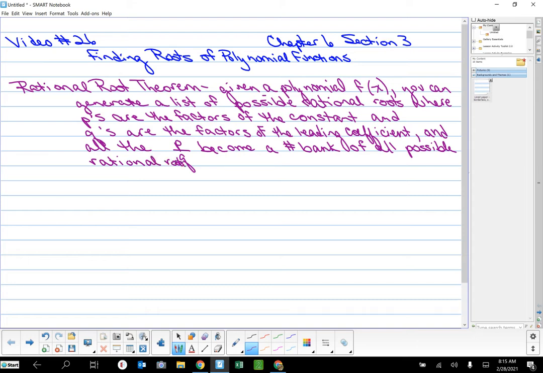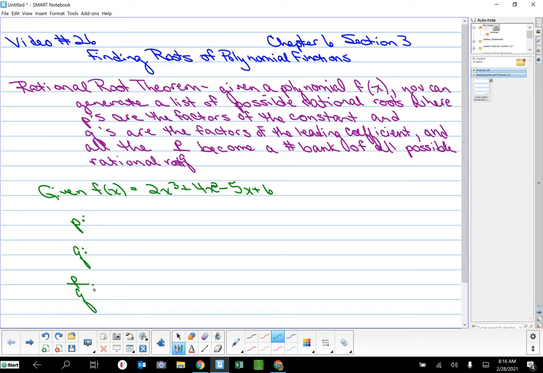So let's see how this looks. Given f of x equals 2x cubed plus 4x squared minus 5x plus 6, what we want to do is find our p's, find our q's, and then make a list of p over q.